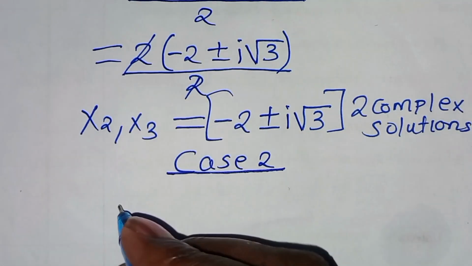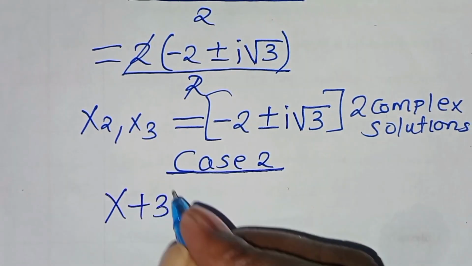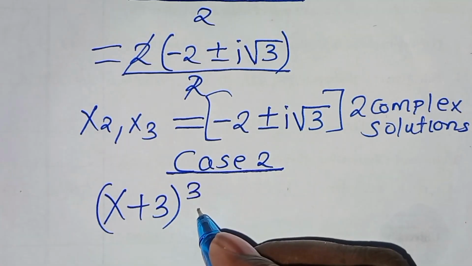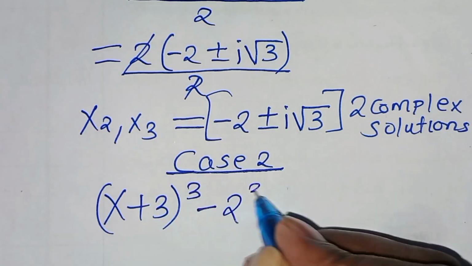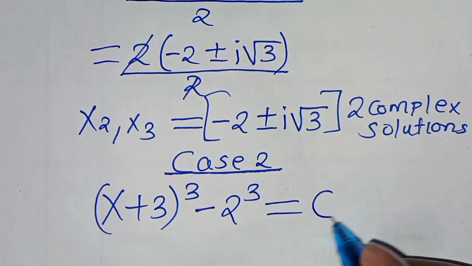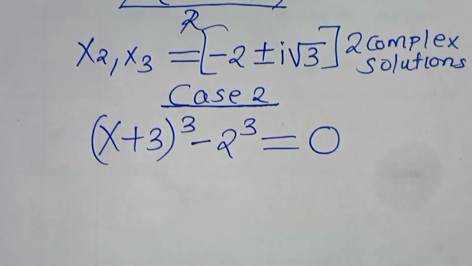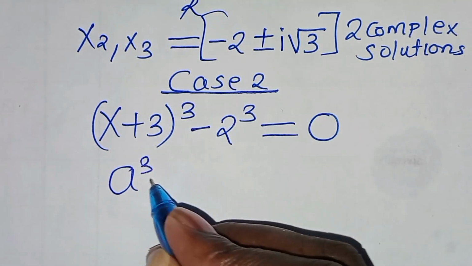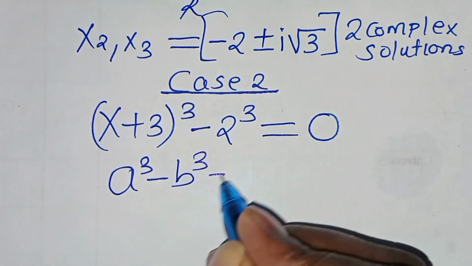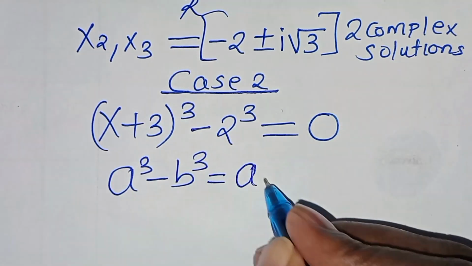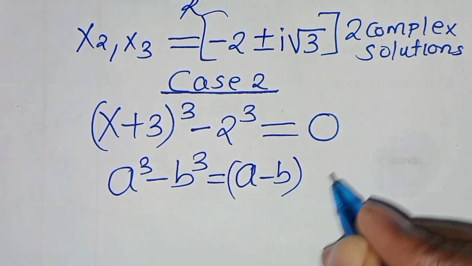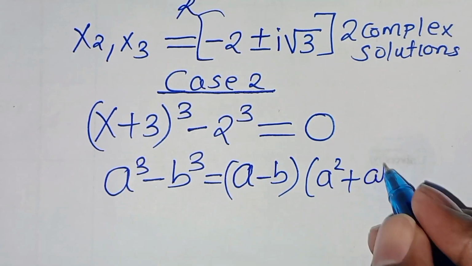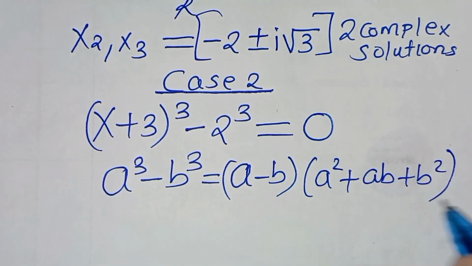Now in case 2 we have x plus 3 to power 3, subtract 2 to power 3, equal to 0. Now, this is actually the difference of two cubes, expressed as a to power 3 minus b to power 3, which we can express as a minus b times a squared plus ab plus b squared.